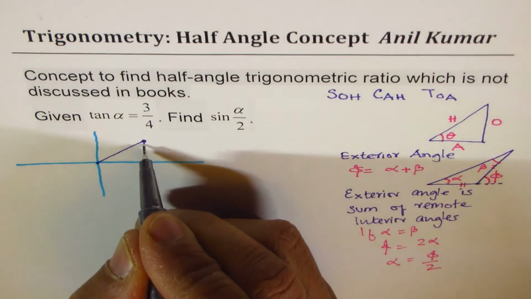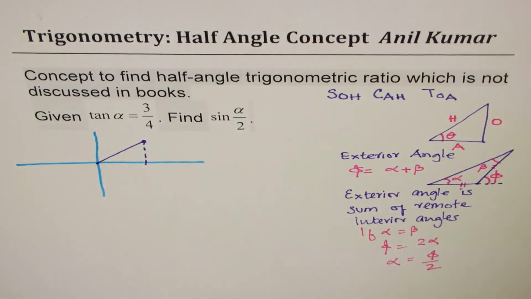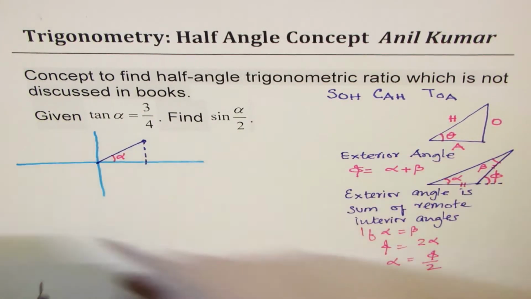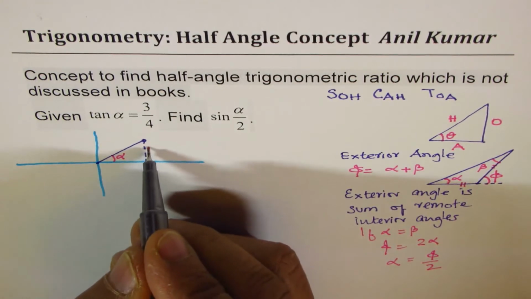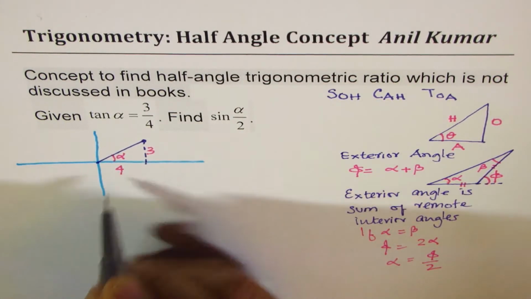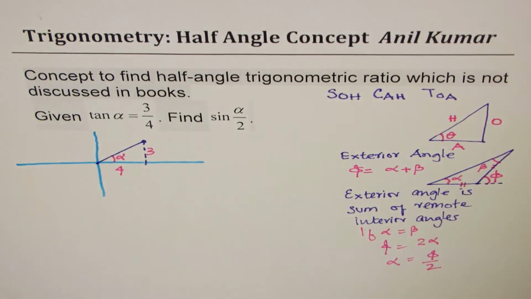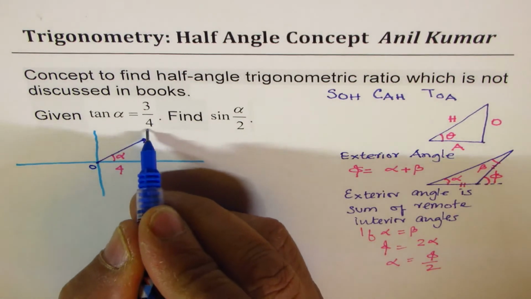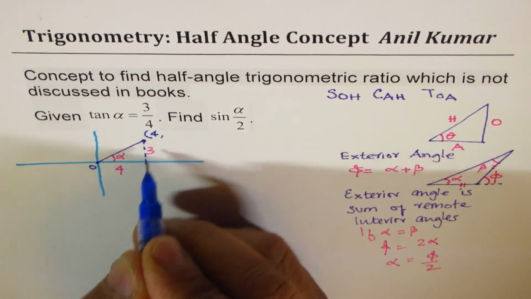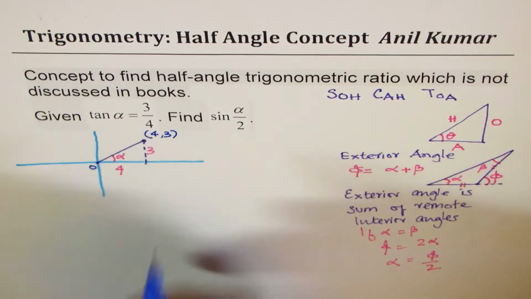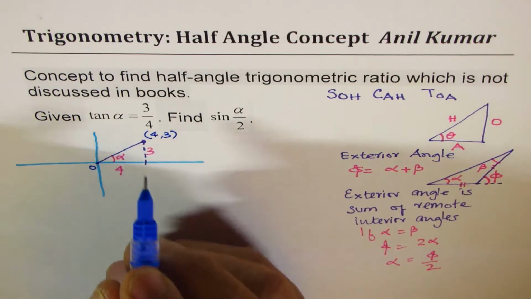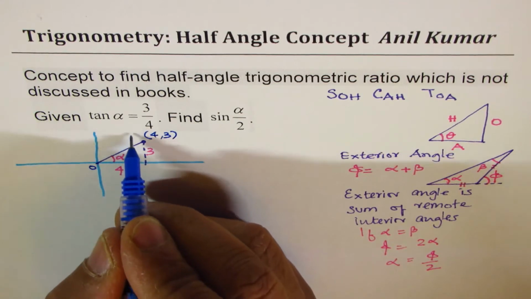Now if I drop a perpendicular from here, tan alpha means this angle alpha, 3/4. Or you could also say that on the coordinate plane, if I treat this point as the origin, then that point is x value of 4, y value of 3. Does it make sense? Correct? So let me call this point, let's say, P.